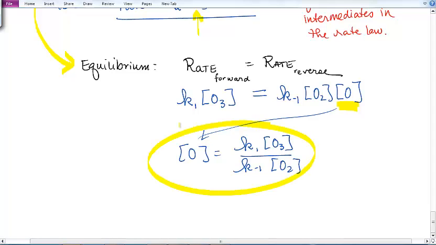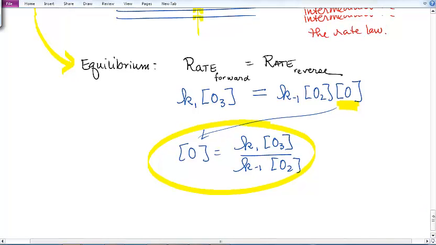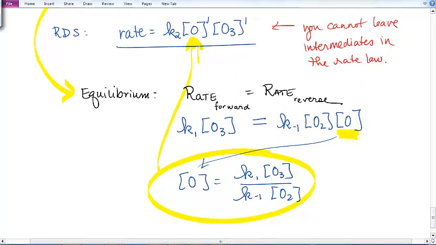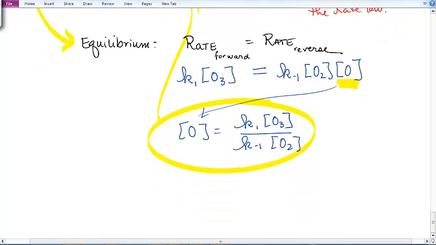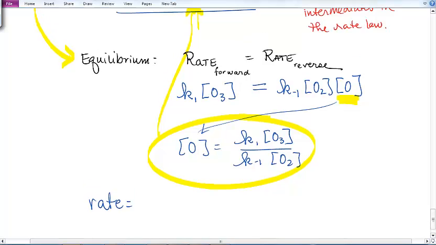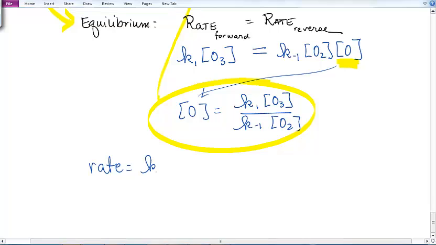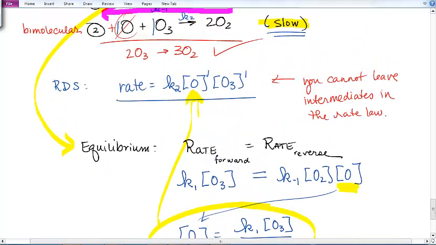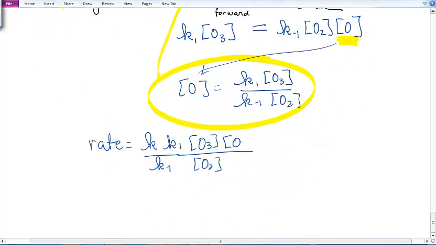So we had solved this for free radical oxygen, and now we're just going to literally plug it into this original equation here and solve for that. So rate equals K2 times, now I'm subbing this in, K1 over K minus 1 times O3 over O2, and then I have that original O3 that was in there.